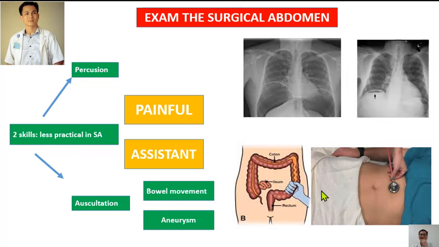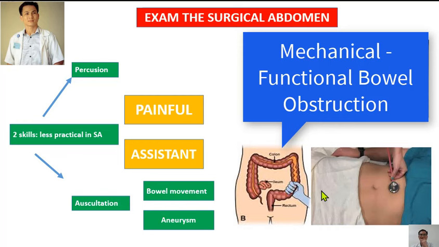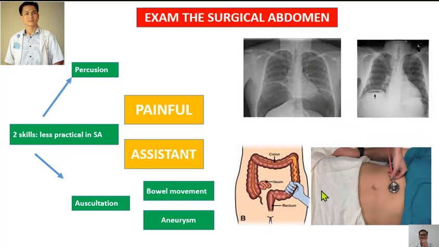This skill has diagnostic value in distinguishing mechanical and functional intestinal obstruction. Normally, bowel sounds range from 4 to 32 times per minute. Although the clearest result is in the right lower quadrant, it is essential to listen to all quadrants to get a comprehensive assessment of bowel activity.